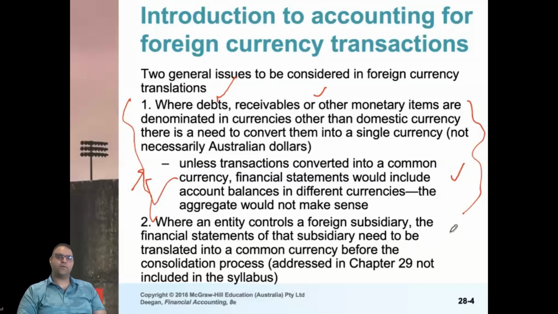And when you have a foreign subsidiary which you control, you can also write that down into a common currency. It means if you are preparing a consolidation and you have many subsidiaries spread all over the world and you want to come up with one financial report, which currency will you choose? That's the question.